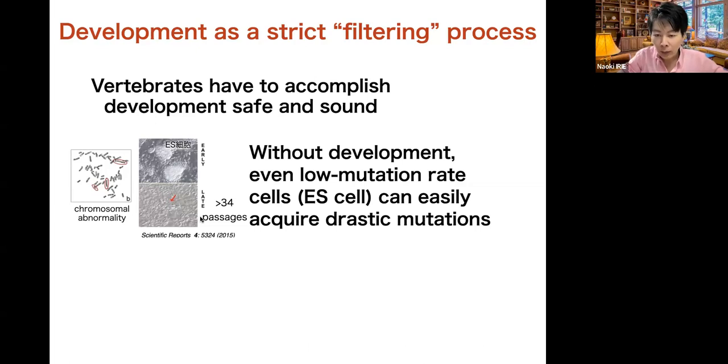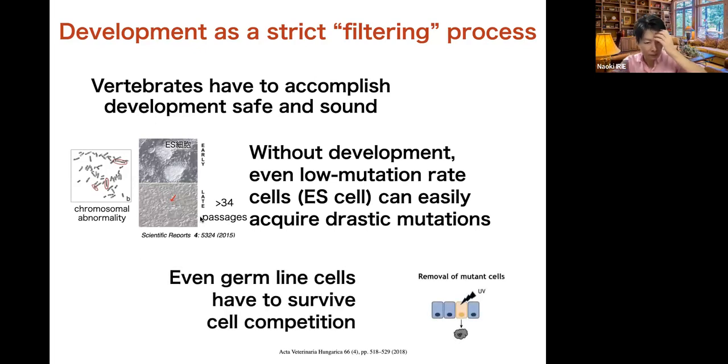But they can easily acquire drastic mutations within dozens of generations. This will not happen during our generational change. So it implied, at least to me, that when you get rid of development, the genetic system may have much less constraint and goes more freely to change chromosome numbers and accumulate more mutations.